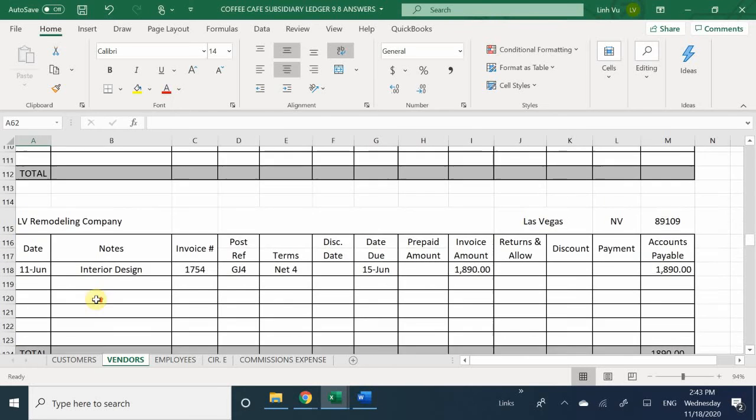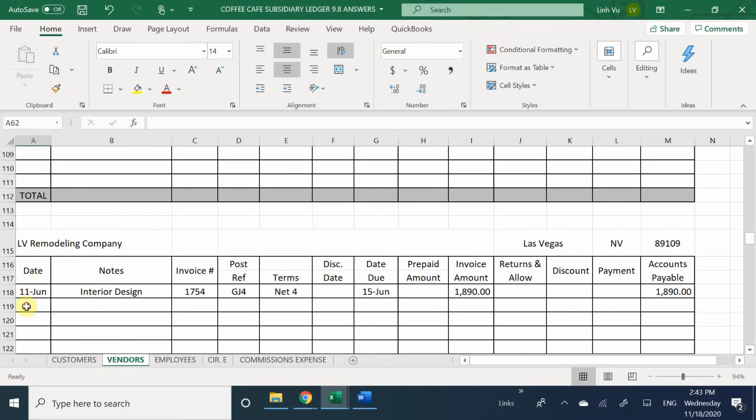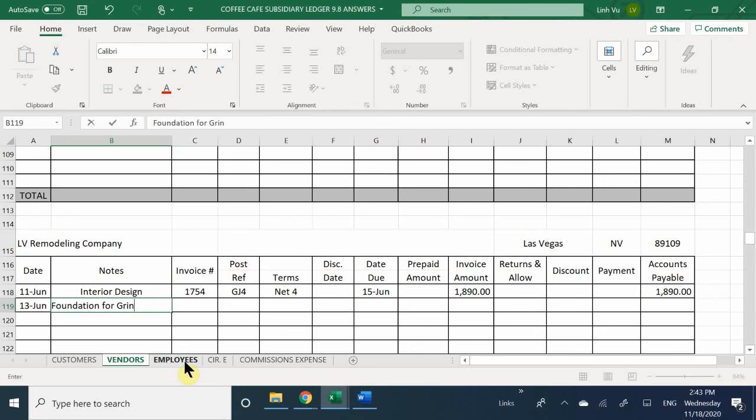Okay, I think they're the first one. LV Remodeling. 613. So now my notes here is, instead of interior design, this was a bill for the foundation for coffee grinder. Okay. Invoice number 1760. General journal number 4.